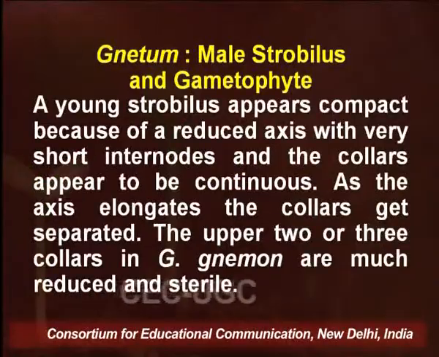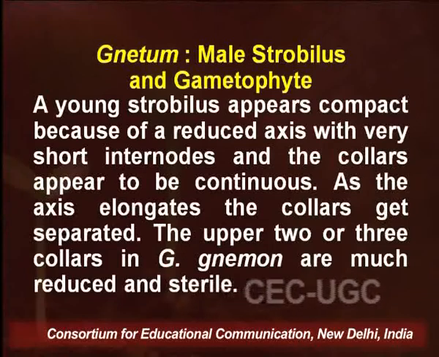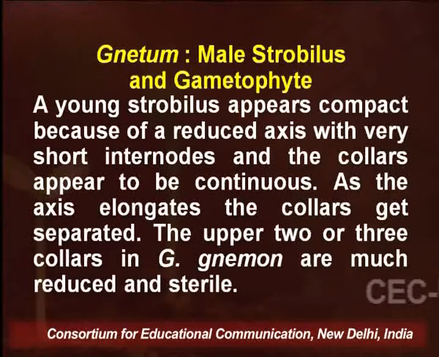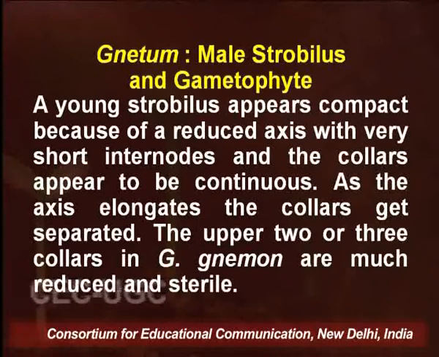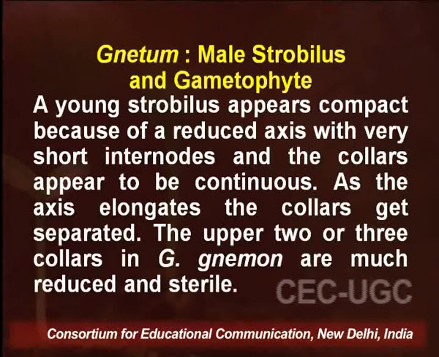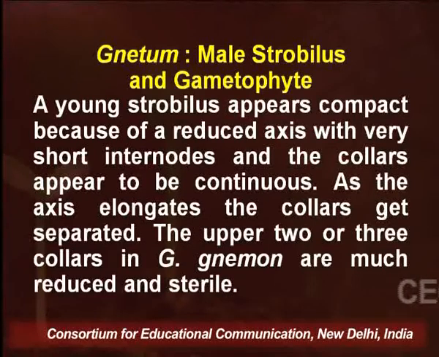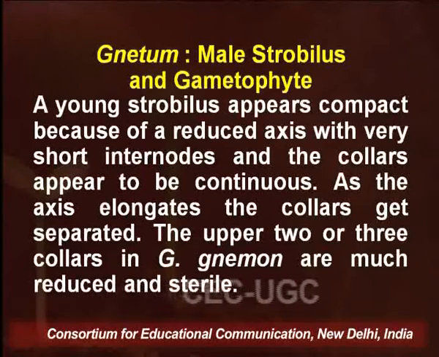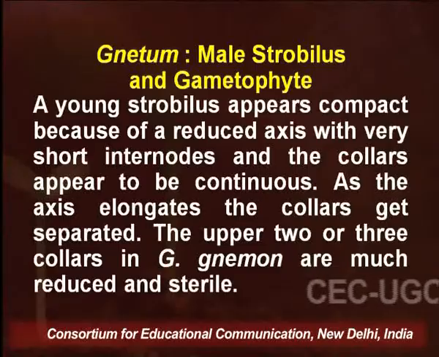A young strobilus appears compact because of a reduced axis with very short internodes, and the collars appear to be continuous. As the axis elongates, the collars get separated. The upper 2 or 3 collars in Gnetum gnemon are much reduced and sterile.